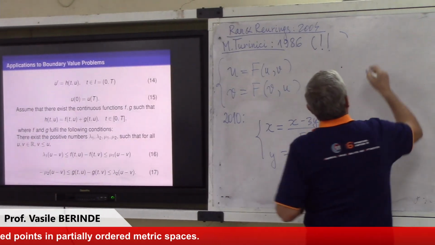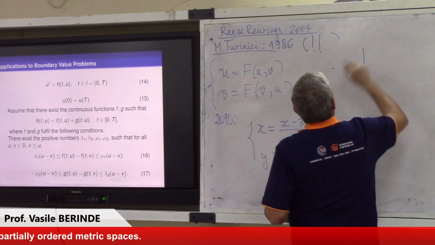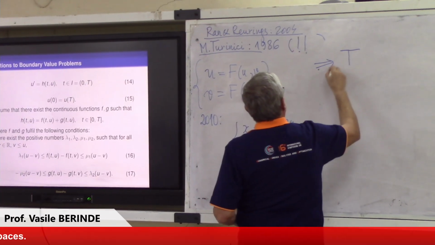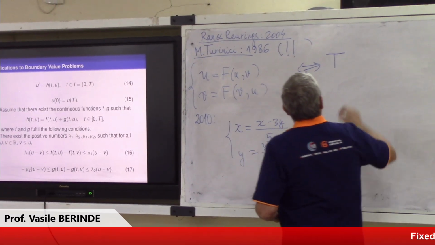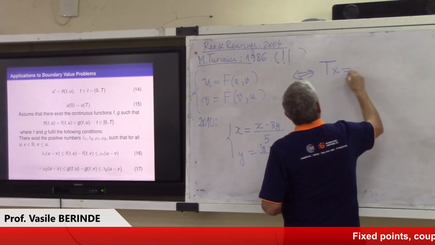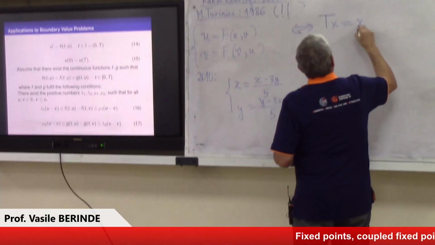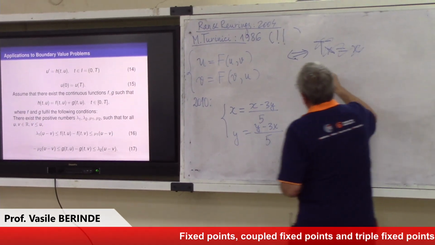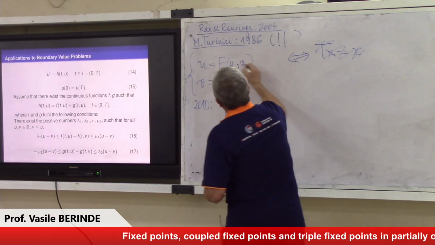And in this application, I show you how I did. So I just took and translated this problem to a fixed point problem. Let's put not x, because I write here I have u and v.